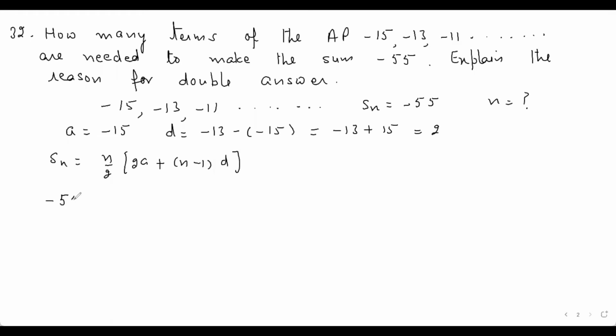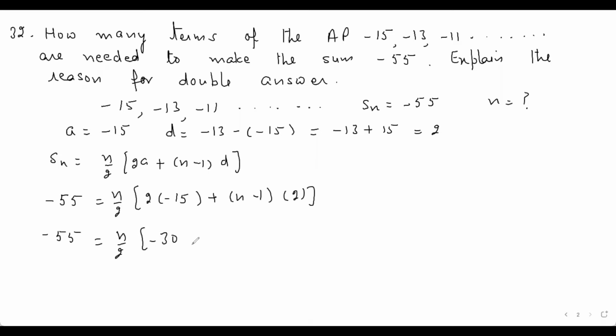Minus 55 is equal to n by 2 into (2 into minus 15 plus (n minus 1)), and d is equal to 2. Minus 55 is equal to n by 2 into (minus 30 plus 2n minus 2). Minus 55 is equal to n by 2 into (2n minus 32).